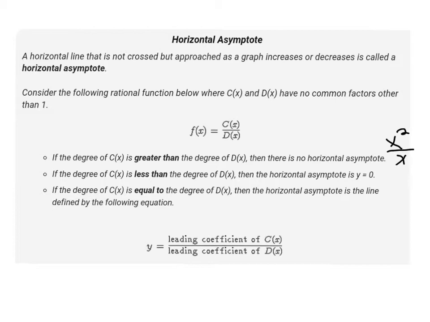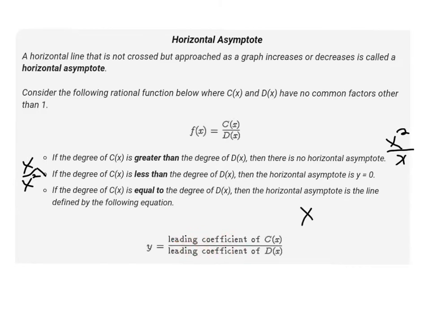If the degree of the numerator is less than the degree of the denominator, then the asymptote is equal to 0. So that would be like x over x squared. And then if they are equal, so the degree of the numerator and the denominator are the same, then it's going to be the ratio of the leading coefficients.